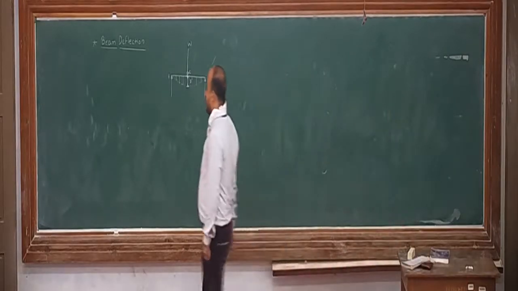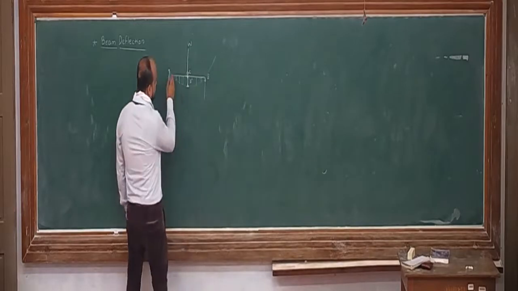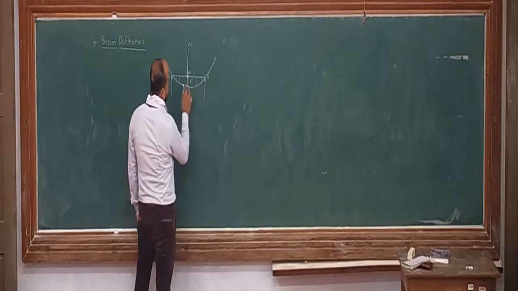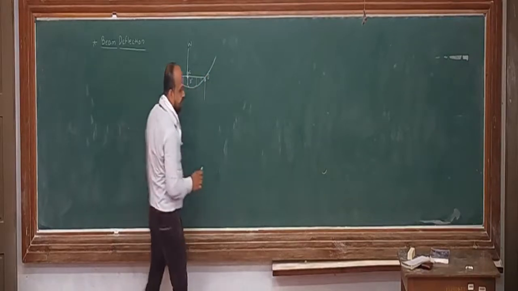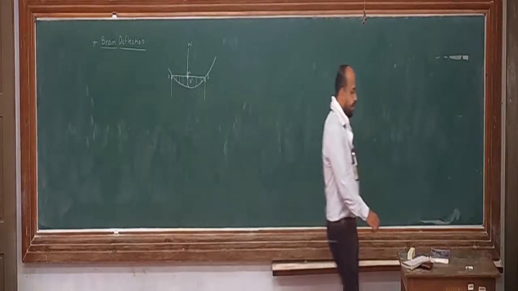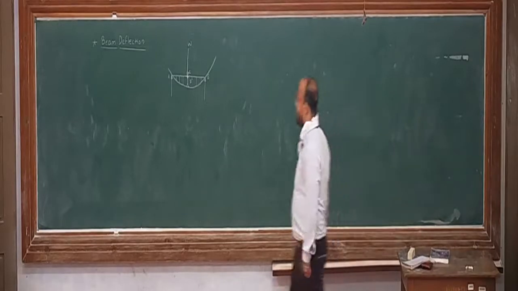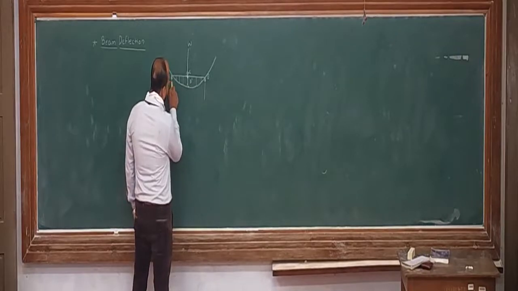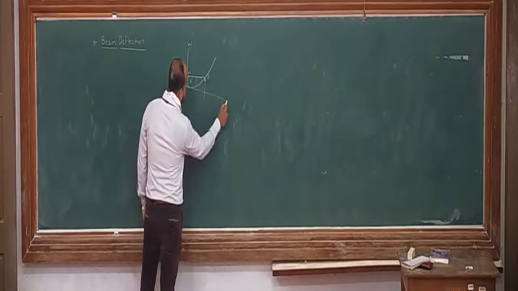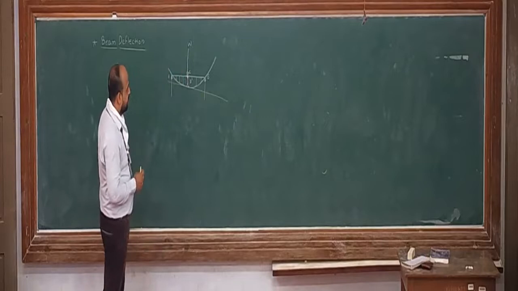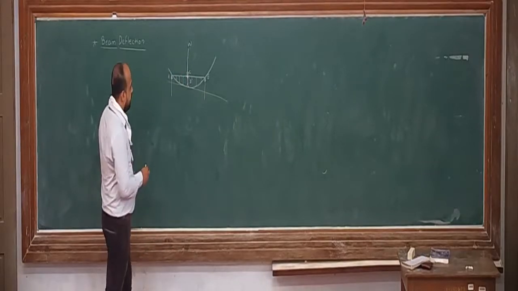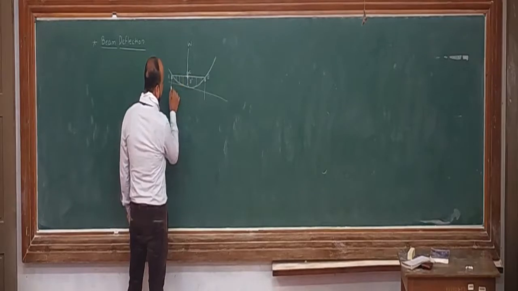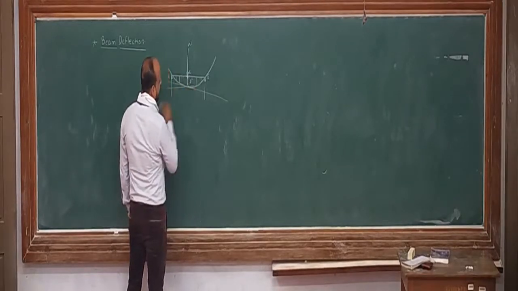So this is what we call the deflection curve, or beam deflection. This is how it has deflected. Next, I will draw one tangent to this deflection curve. I'll consider this maximum point. Then again, this is the longitudinal axis. I will draw one line parallel to the longitudinal axis.